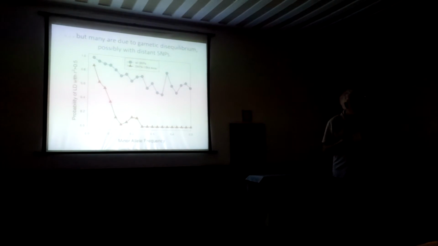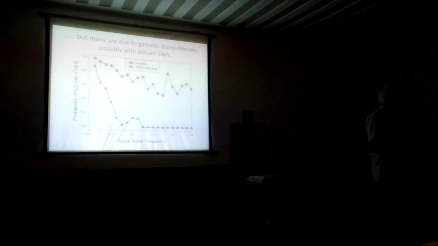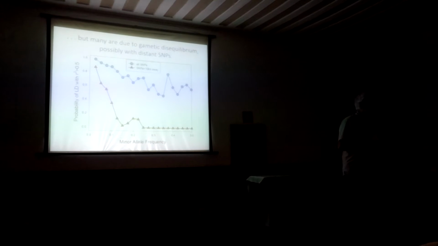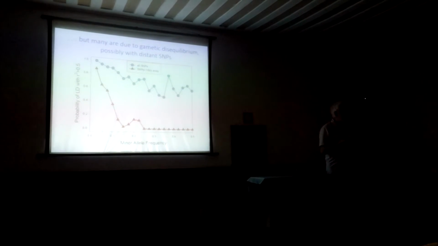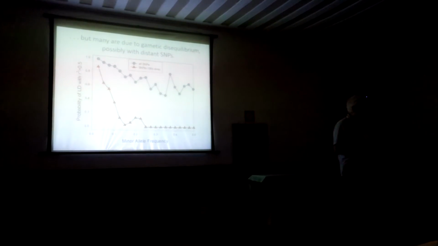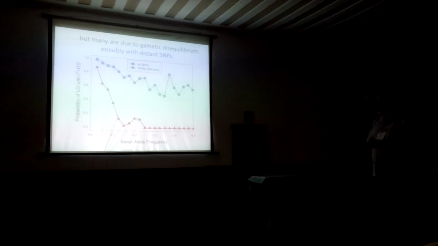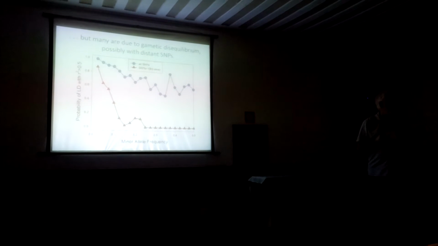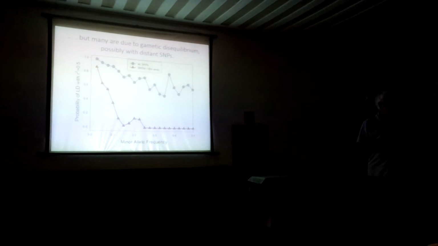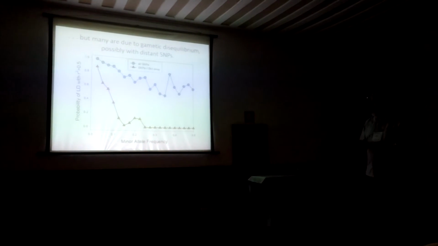Now, there's a problem. Even though this is Drosophila, an outbred population of Drosophila, and there's less linkage disequilibrium than in many populations, there's still plenty of linkage disequilibrium. So what we did, we actually calculated the linkage disequilibrium between every pair of SNPs in the entire genome.